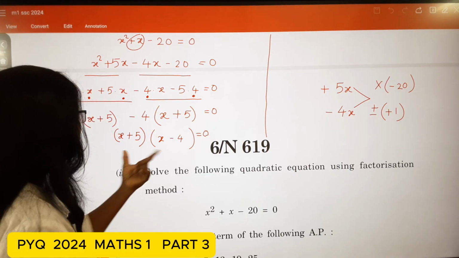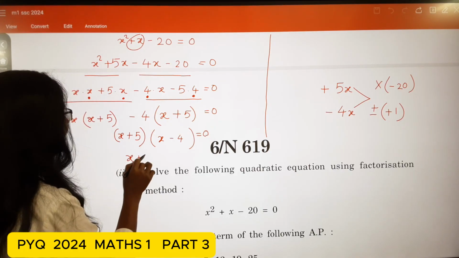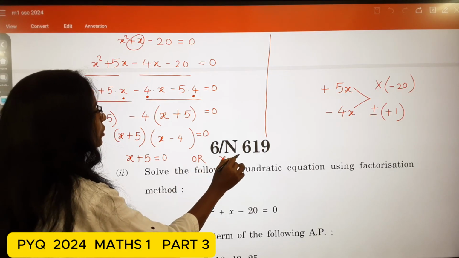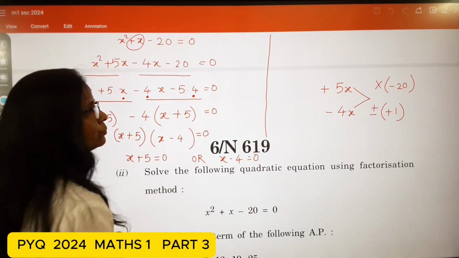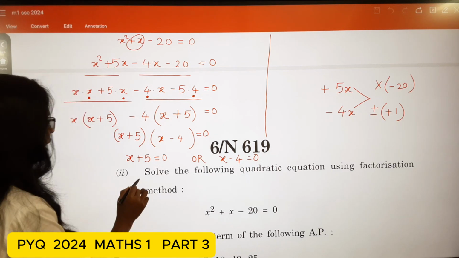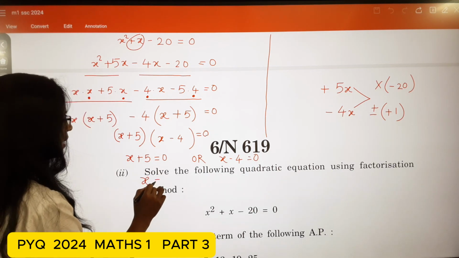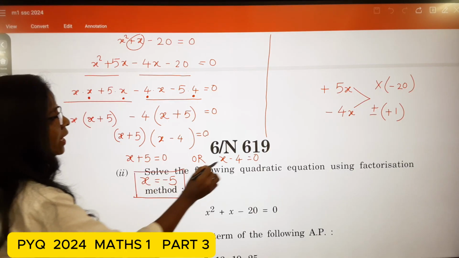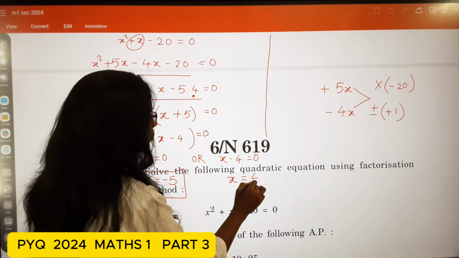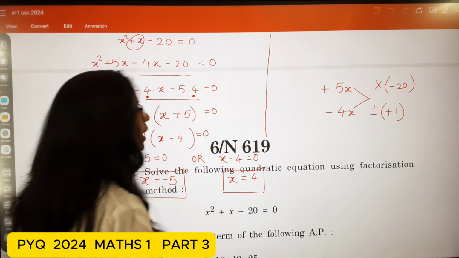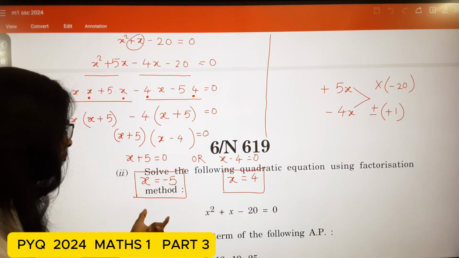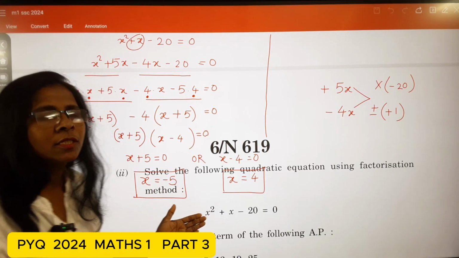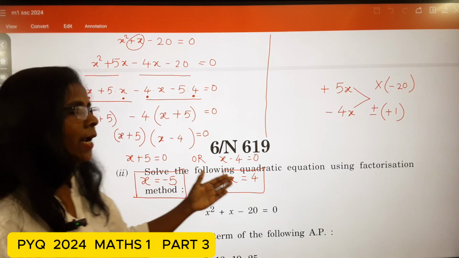Okay. So now here students, we say x plus 5 is equal to 0 or x minus 4 is equal to 0. Okay, so x plus 5 is equal to 0, that means x is equal to minus 5, and students, x is equal to 4. Okay, so the factors of these quadratic equations are minus 5 and 4.